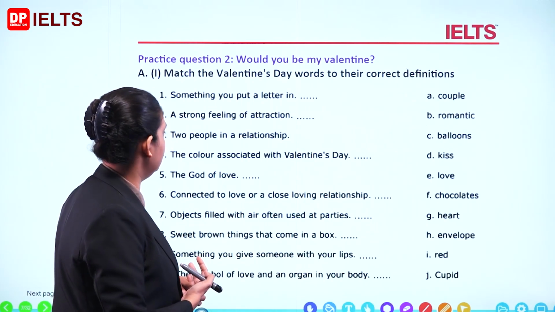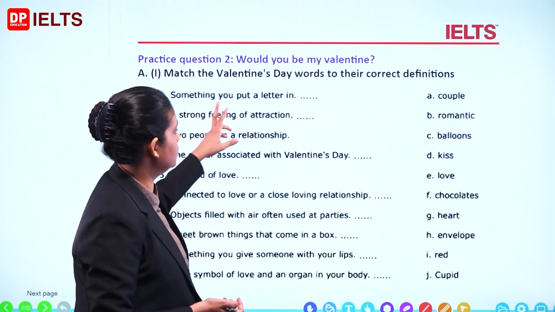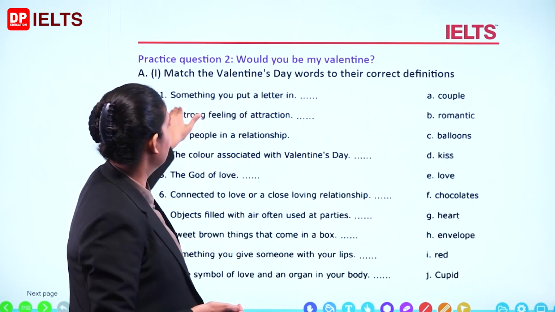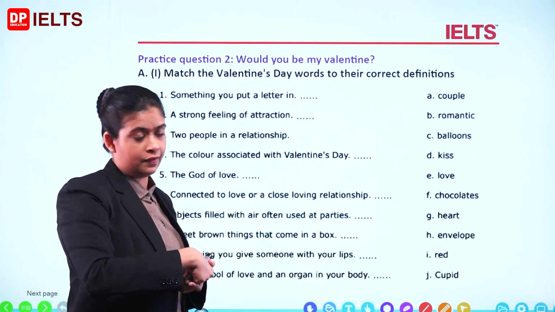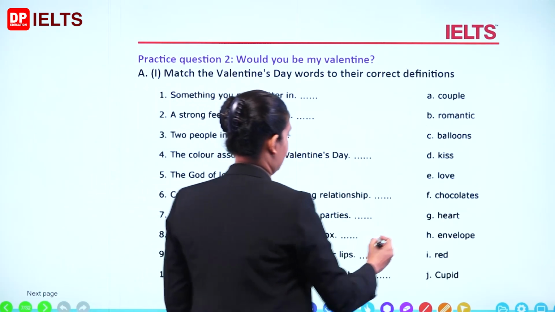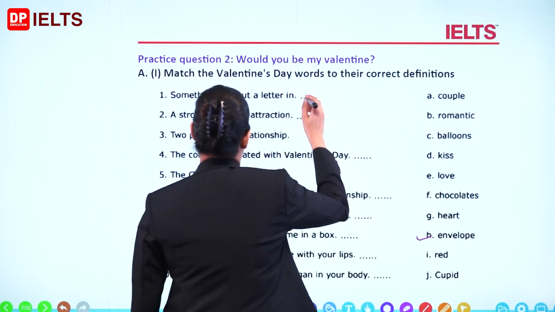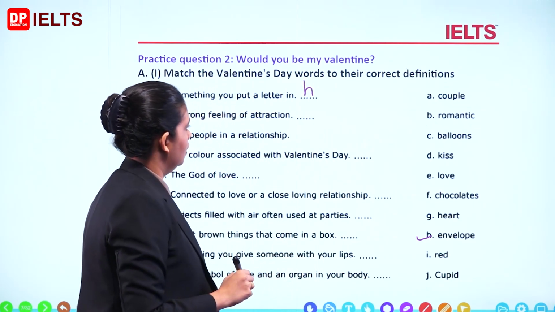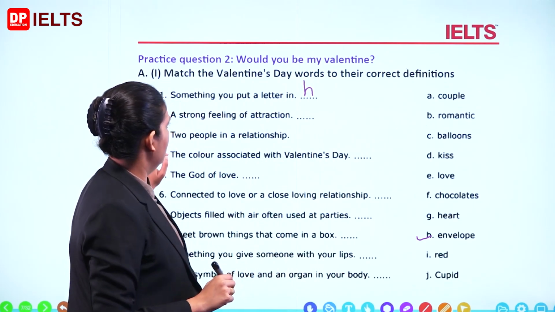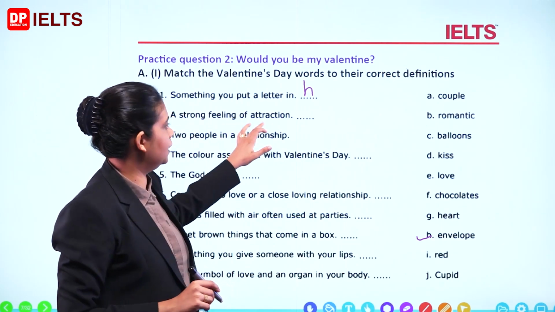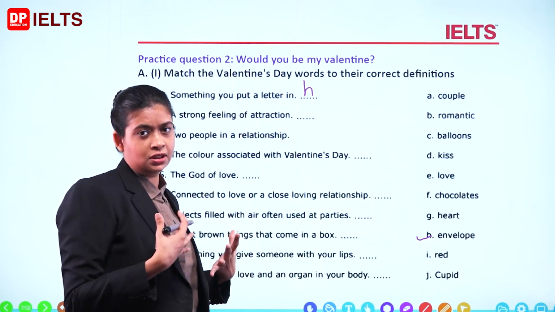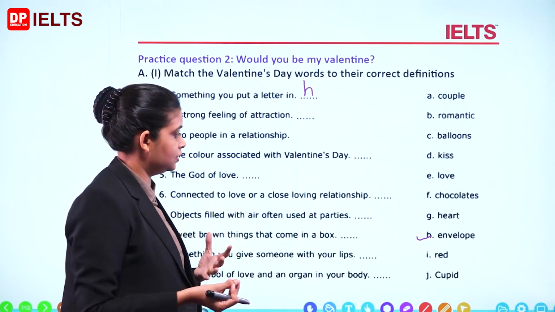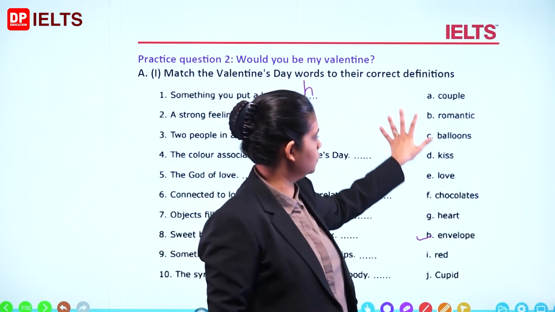Two people in a relationship, something you put in a letter. Hari letter එකක් දාන්න ලියුම් කවරයක් ඇතුළට, so I would take that as envelope. Next one, a strong feeling of attraction. Good. කෙනෙක්ට යම් කිසි attraction එකක් තියෙනවා නම් මෙතනින් which word would you put?